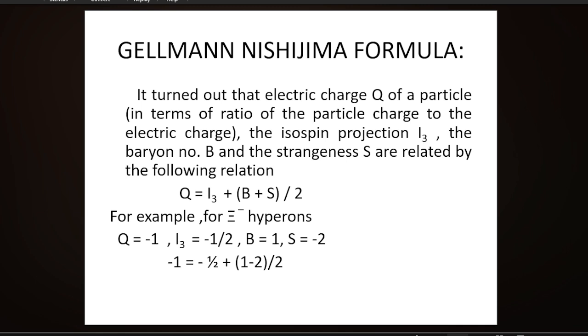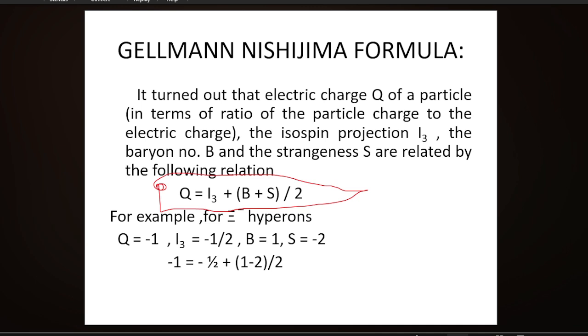It gives us the main formula, that is Q equals I3 plus (B plus S) divided by 2. This formula gives us the relation between the charge and I. If we know the isospin of the particle, we can calculate the charge. Similarly, if we know the charge, we can calculate the value of I.